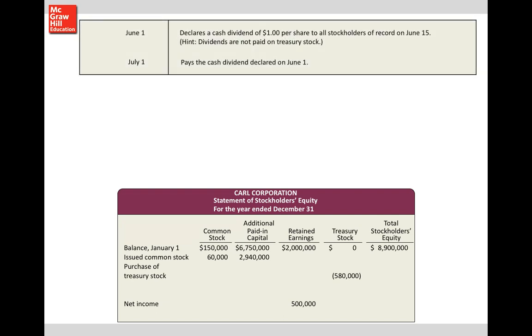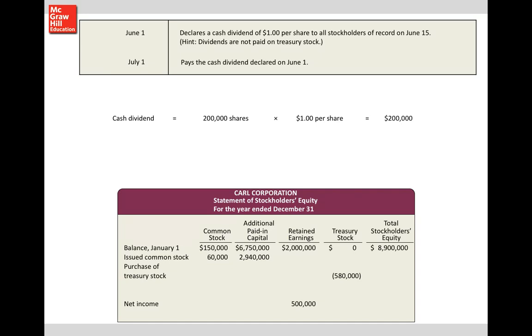On June 1st, they declared a cash dividend of $1 per share to all stockholders on record on June 15th. Remember, dividends are not paid on treasury stock. And on July 1st, they're going to pay that cash dividend declared on June 1st. So the cash dividend is going to be equal to 200,000 shares. How did I get that? I'm looking at common stock here, okay?